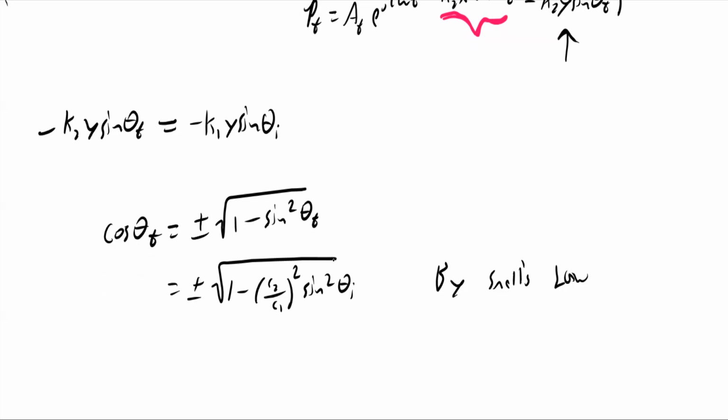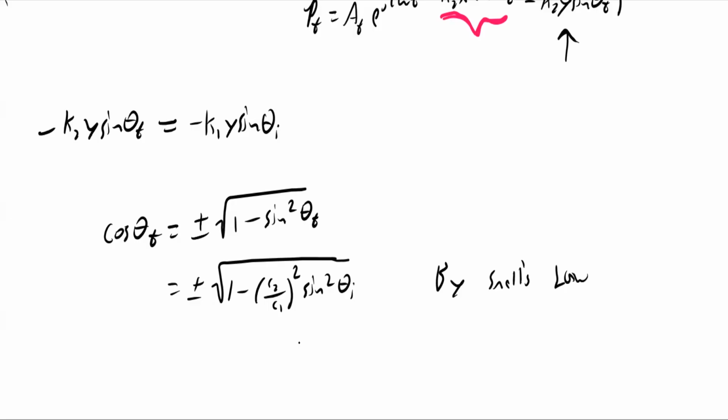Now that we've written the expression like this, we note that above critical incidence, we recall that C2 over C1 sine theta I is greater than 1.